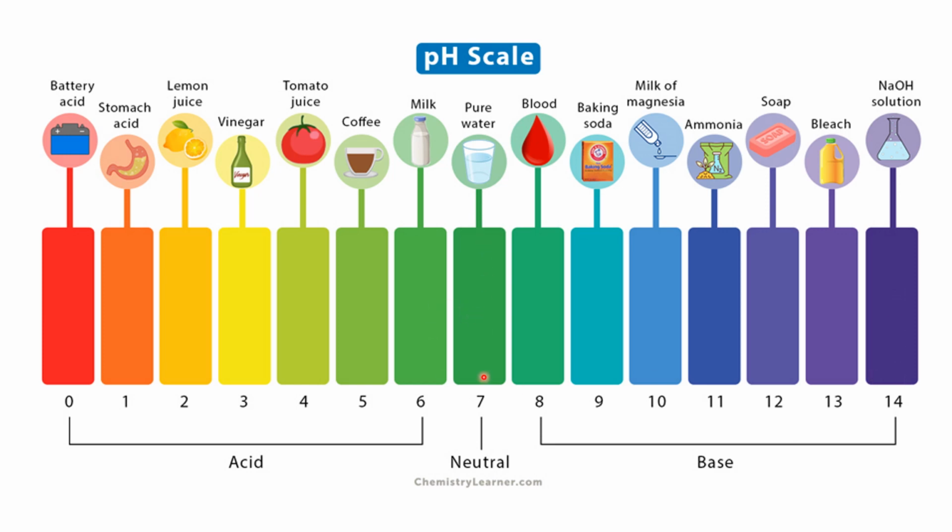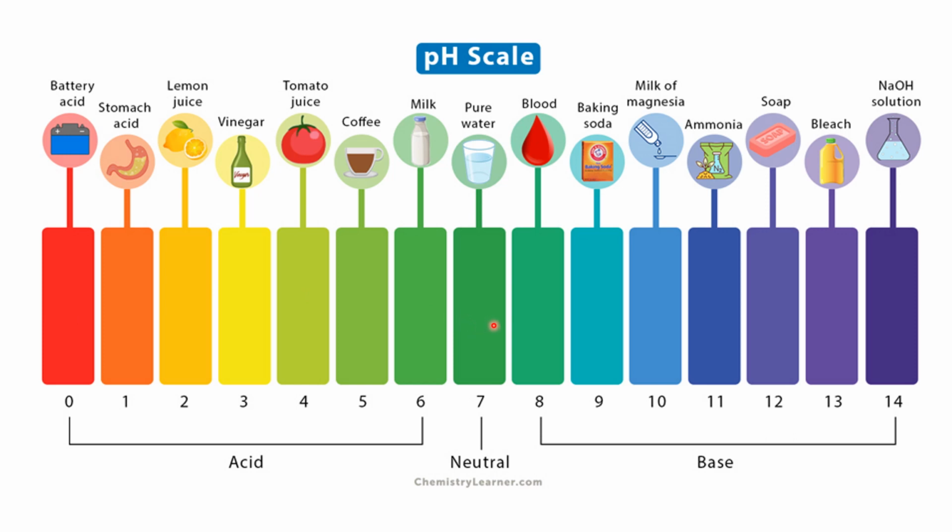In the middle is represented by pure water. This is neutral, neither acid nor base. Materials with pH below 7 are acidic, and the most acidic is this pH 0 here.